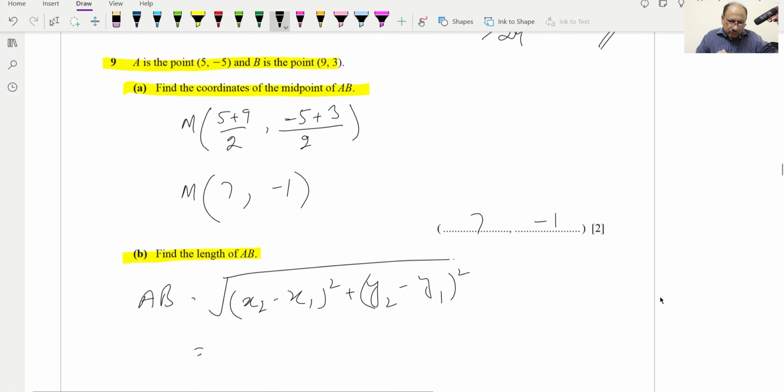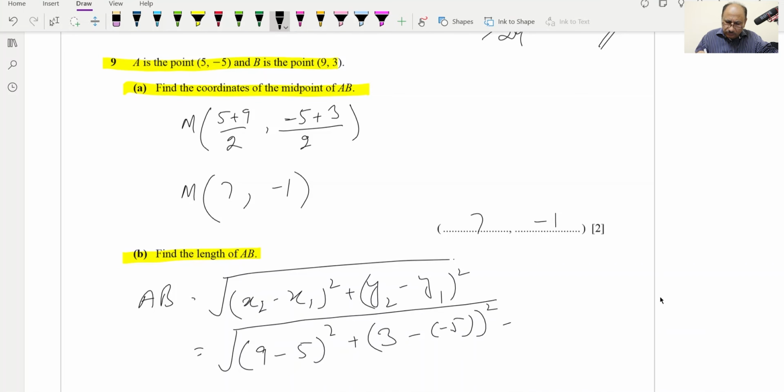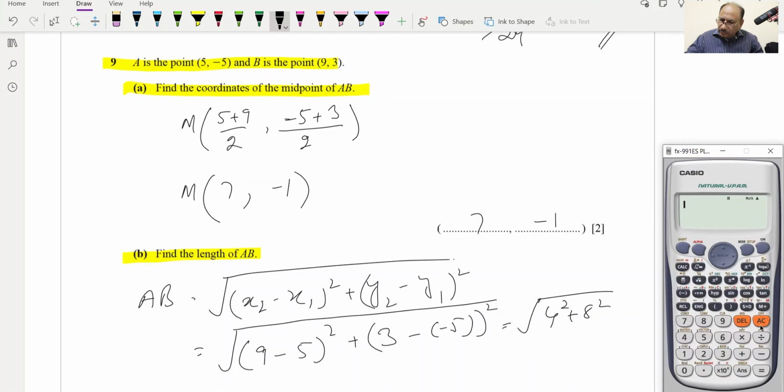And x2 we can write 9 minus 5 squared plus 3 minus minus 5, and this will be squared and taken root as well, and this will be equal to 9 minus 5 will be 4 squared and plus 8 squared. So we can find this with the help of calculator, square root of 4 squared plus 8 squared, and this will be equal to decimal 8.94.